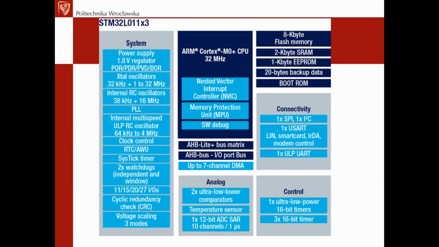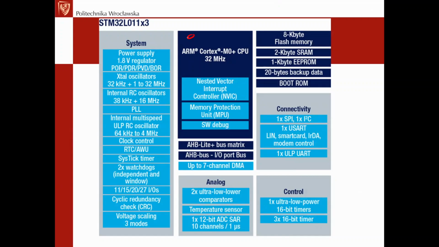And some examples to show you what you can expect from particular families. So first of all, the low-cost, low-power family, so the L0. And what's in this L0? What's in this kind of smallest ultra-low power processor? So the core itself is a low-cost, low-power, low-speed, unfortunately, core.